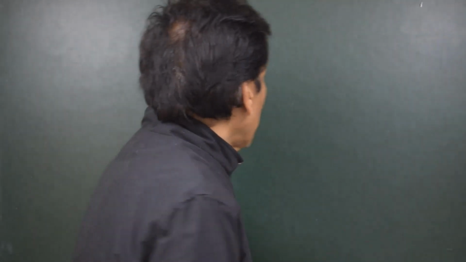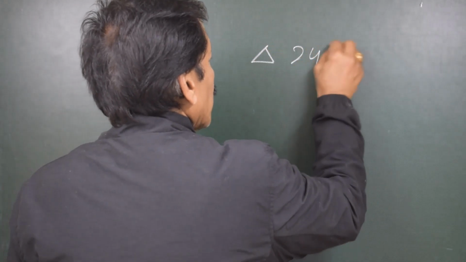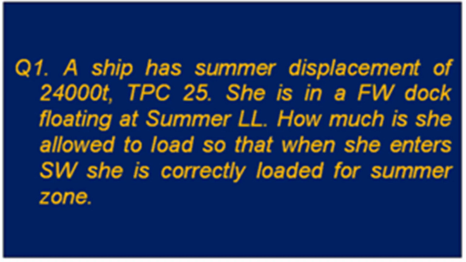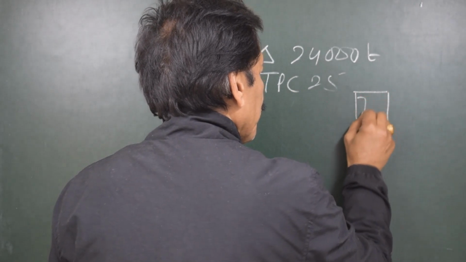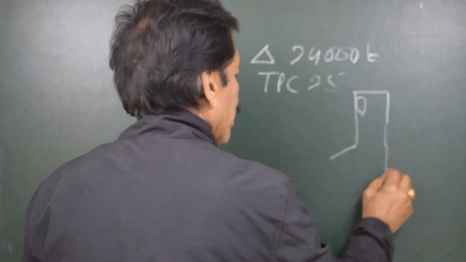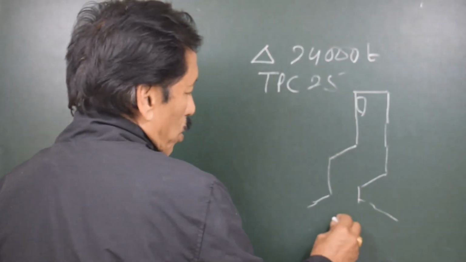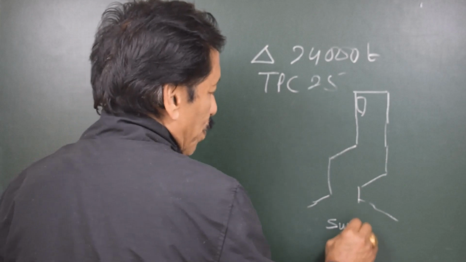Let us say there is a ship of displacement 24,000 tons and TPC 25. So let us say the ship is here in a dock. And let us say this is open waters and this is summer zone.